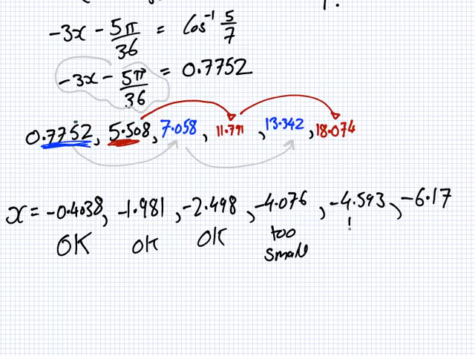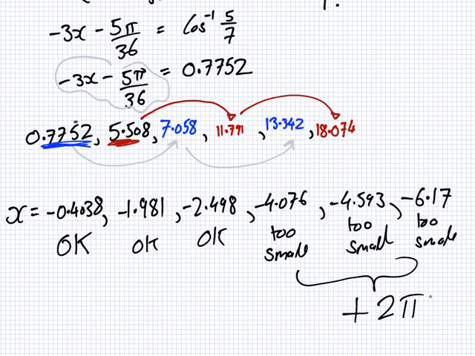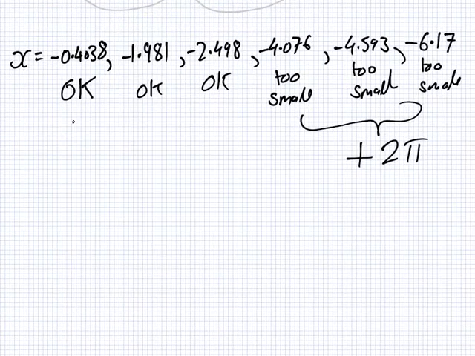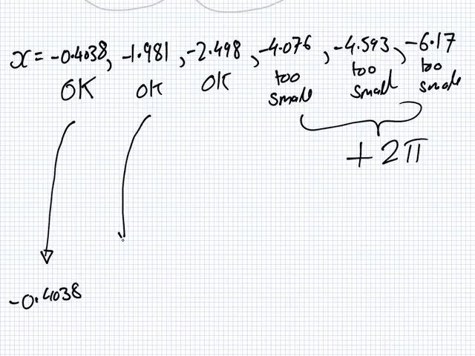This one here is too small, and this one here is too small. So these are easily all fixed by just adding 2 pi. So the first, second and next answers are okay.